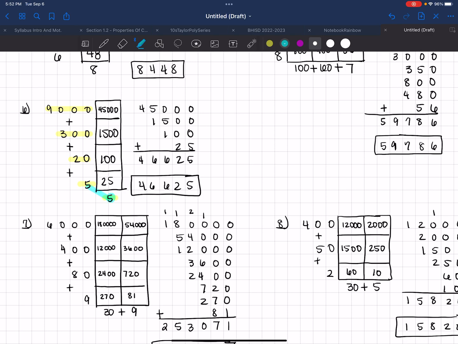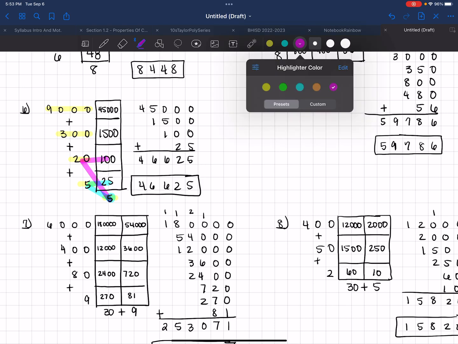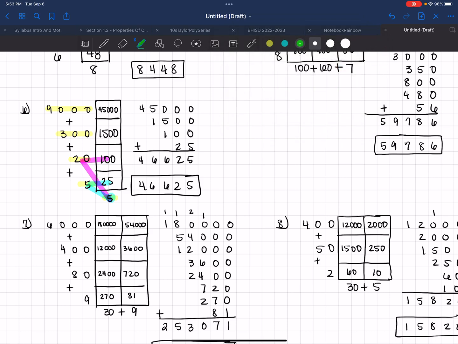So 5 times 5 will give me 25. Then I'm going to say 5 times 20, which gives me 100. Then let me change colors here for you. Then I'm going to say 5 times 300 gives me 1,500. Okay, and then 5 times 9,000 gives me 45,000.